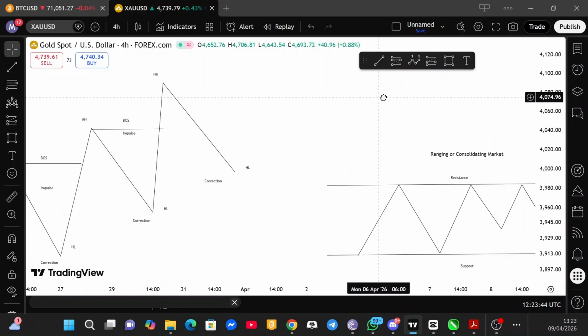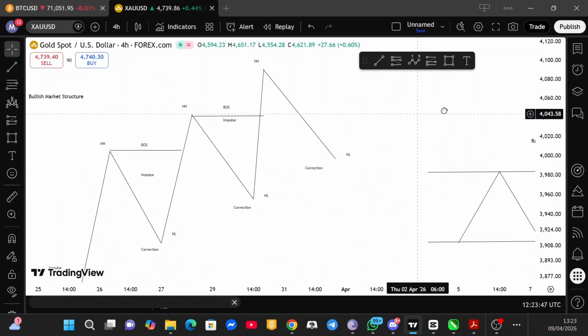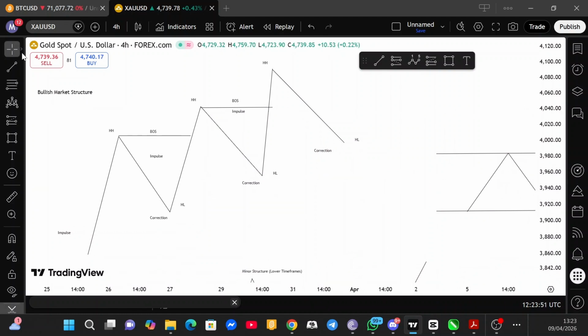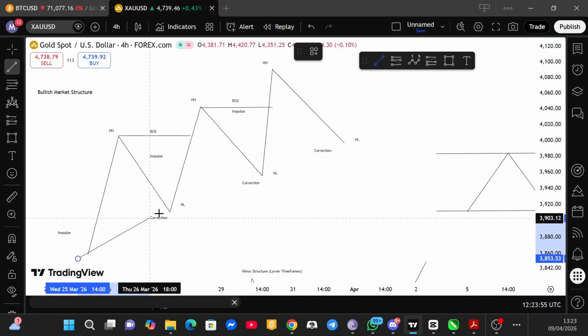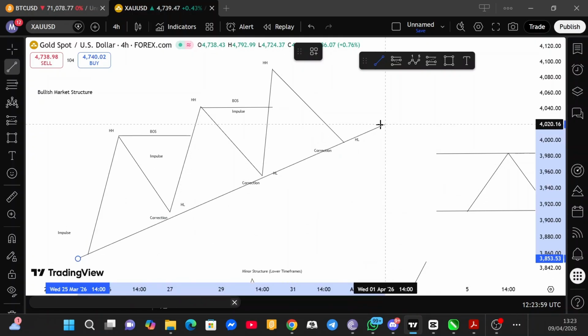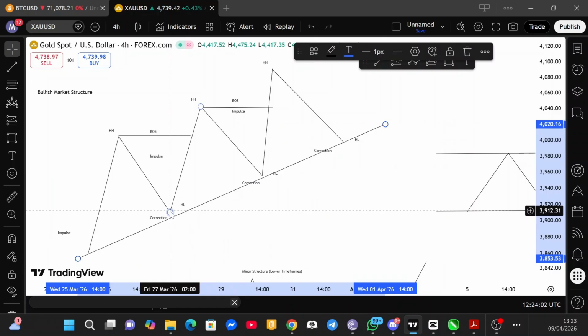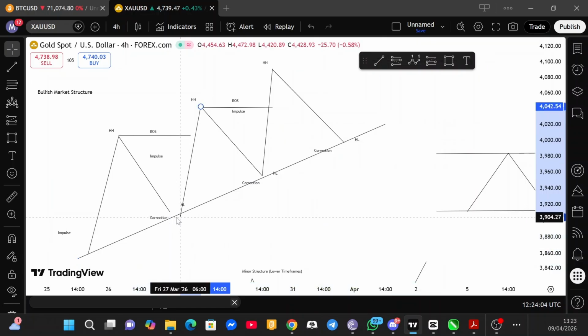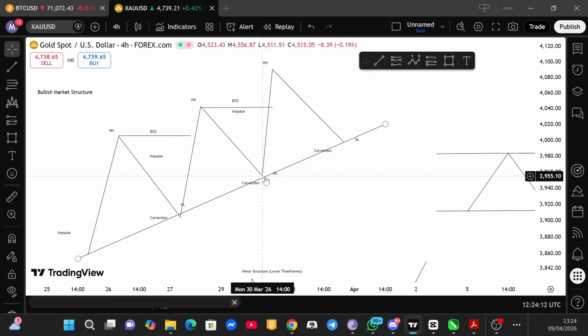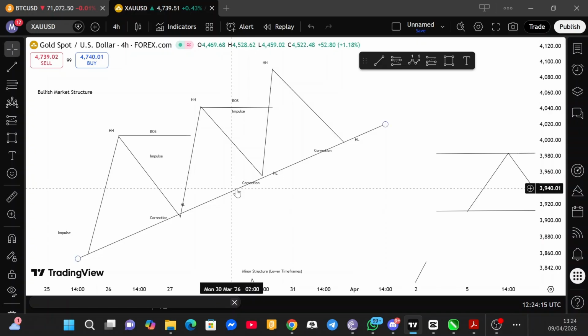So in a market like this, whether bullish or bearish, traders will often draw a trend line, something like this. You see this? A trend line. Let me move this up a bit.